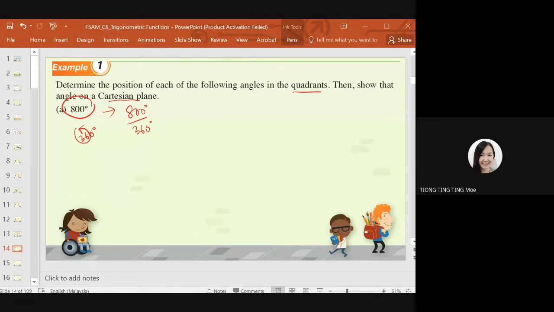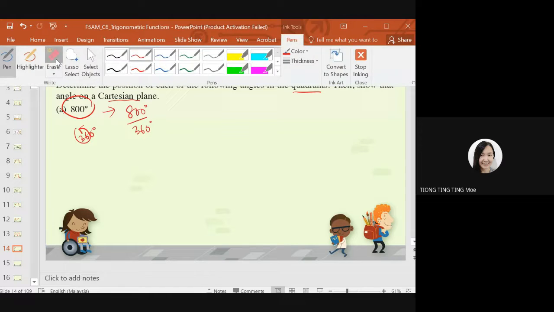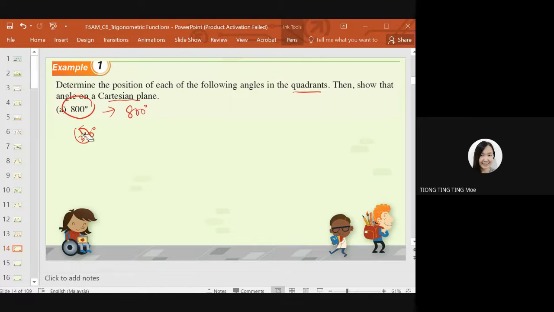So I will divide 800 by 360. Don't write it like that, I directly press the calculator, divide 360. So 800 degree divided by 360 is how many? It is 2.22 something circles, right? 2.2222.